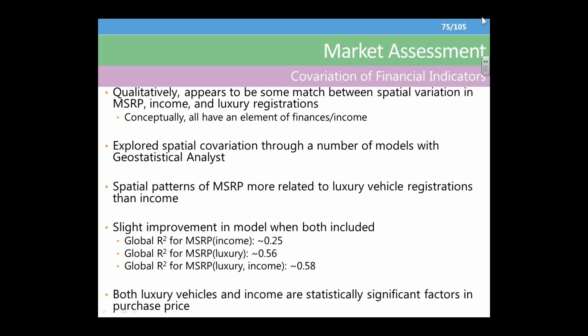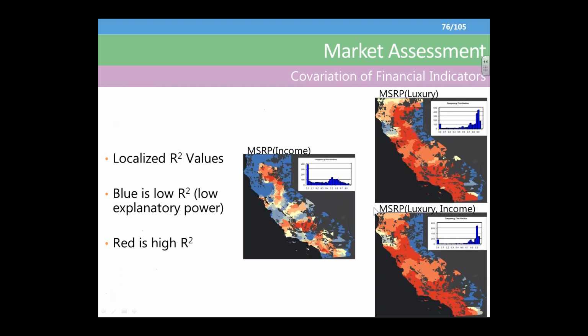And you could improve the model a little bit: MSRP as a function of luxury and income had a match of about 58%. So what we came down to was that both luxury vehicles and income are statistically significant factors in the purchase price. All three are related, and they're more related in some areas than others.